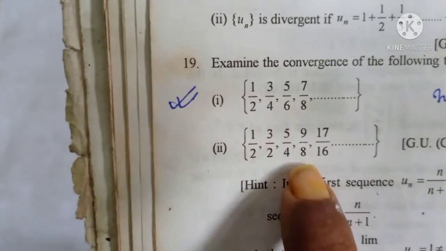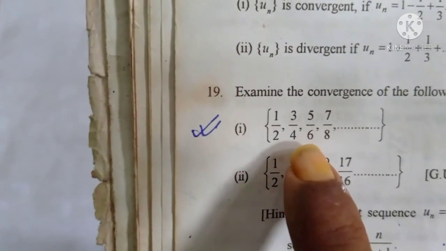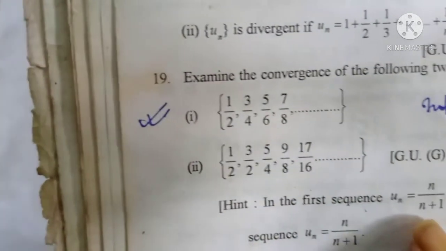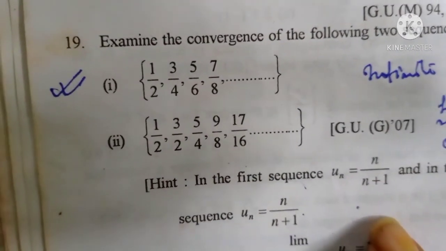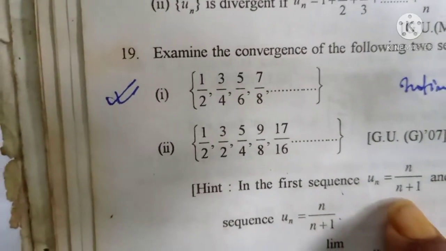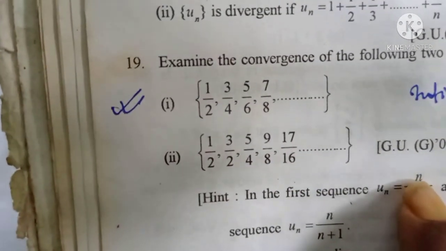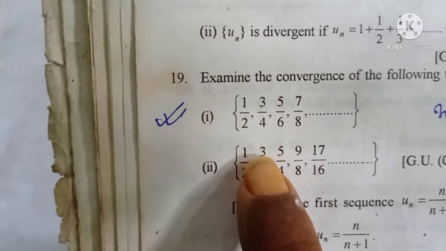Here un is given as n by n plus 1. If you take 1, then 1 plus 1 is 2, 1 by 2. If you take 2, then 2 plus 1 is 3. There is no 2 by 3 in this sequence.